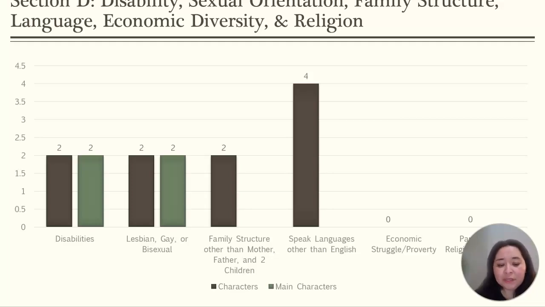For lesbian, gay, or bisexual, we do have a couple of books, and that's actually throughout the whole school. Family structure, we only had 2 books on those, and books in other languages, there weren't that many as well.